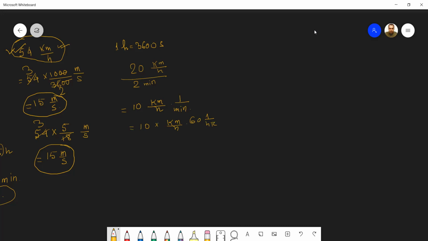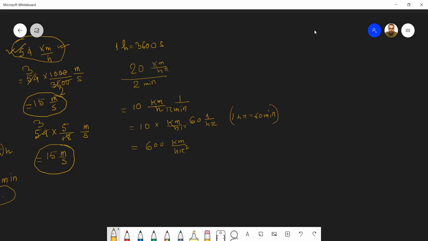Let me write it here. 1 hour is equal to 60 minutes. So it will replace this value. So 60 would go to the numerator. So multiply 10 and 60. It would give us 600 kilometer per hour square. Okay, so the unit would be kilometer per hour square in this case.